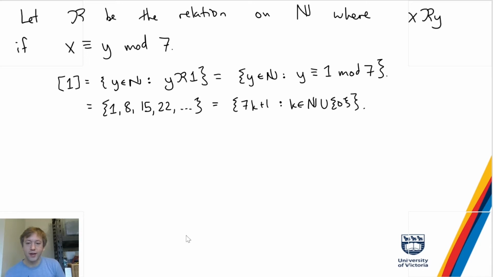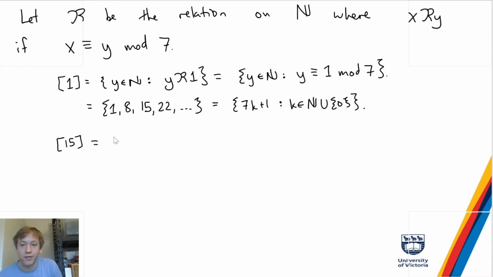So notice that if I was to write the equivalence class of the number, let's say the number 15, well, this is also the same set, right? The set of things which are related to 15 under this relation is exactly the same as the set of things that are related to 1, because to be related to 15, you have to be equivalent or congruent to 1 modulo 7.